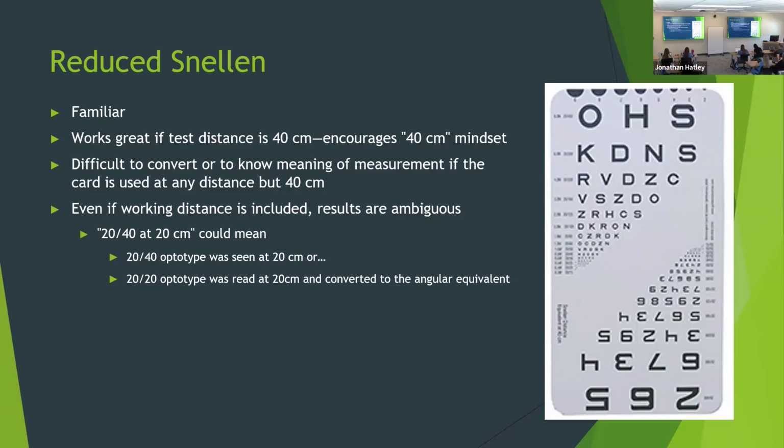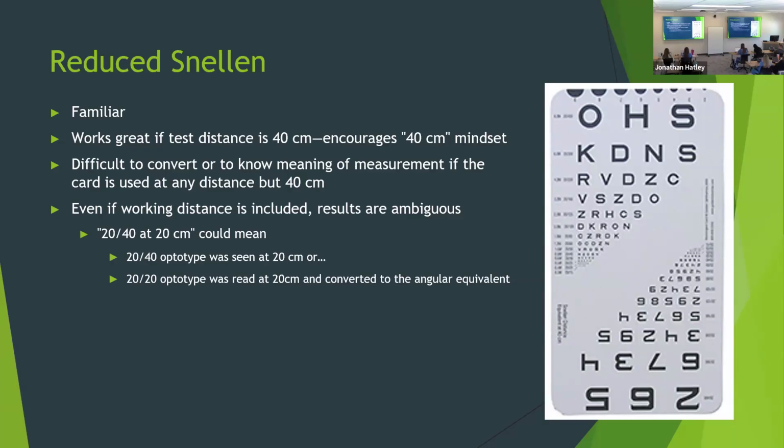However, one of the things that can be ambiguous about this chart is that perhaps you're pretty savvy and you realize, hey, my patient held the chart at 20 centimeters or 25 centimeters or something like that. Well, I'm going to record that in my notes. So you might try to say something like 20/40 at 20 centimeters. To you, that makes perfect sense.